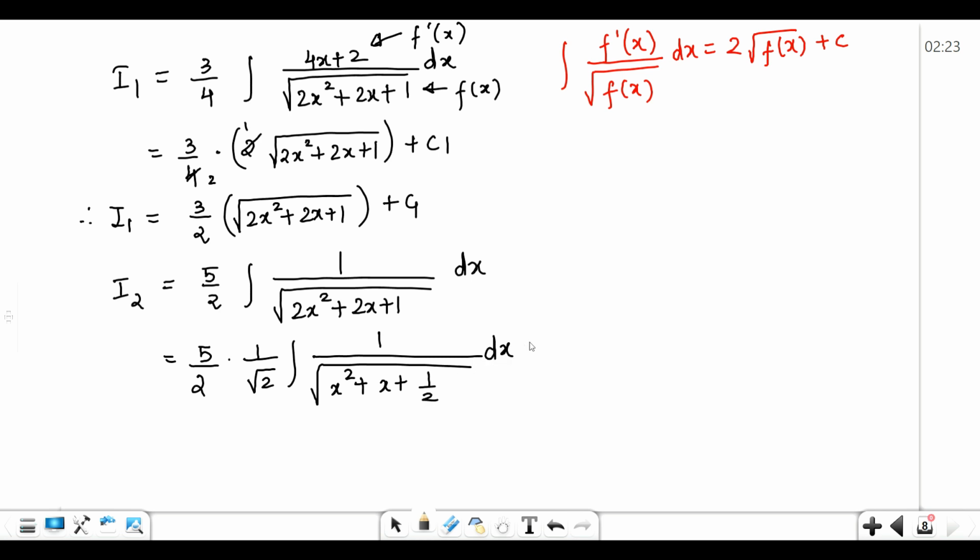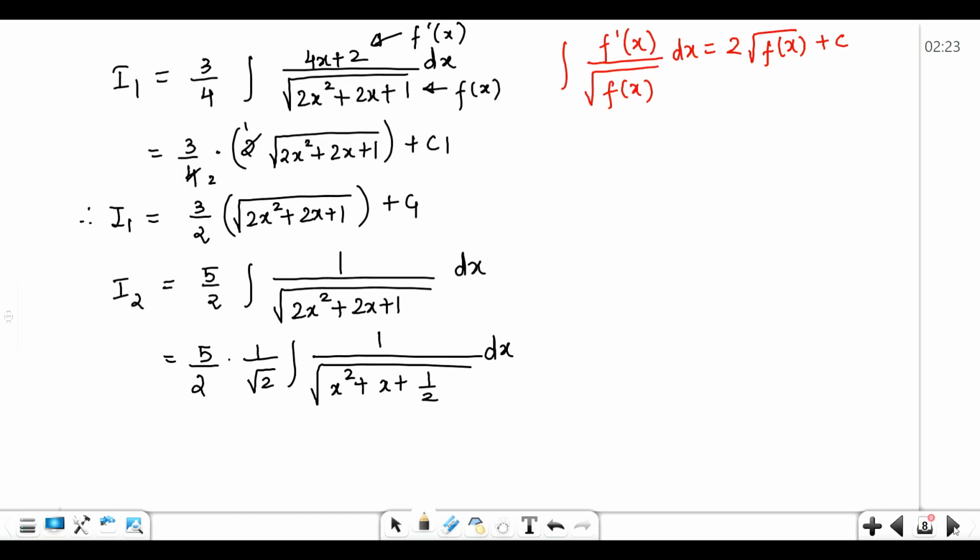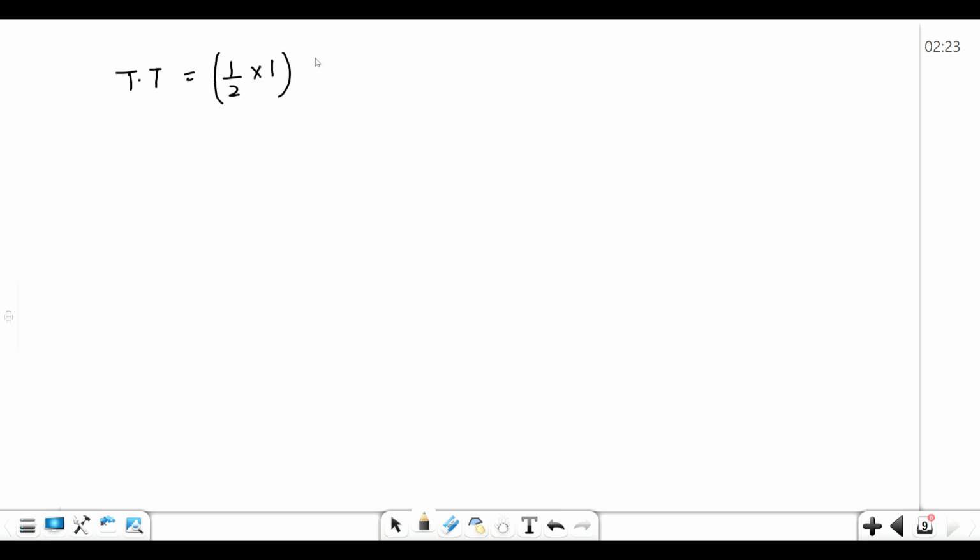Now we'll calculate the third term, because in order to complete the square the third term is necessary. The third term will be half into the coefficient of x. The coefficient of x is 1, so 1 the whole square, which is 1 by 4.